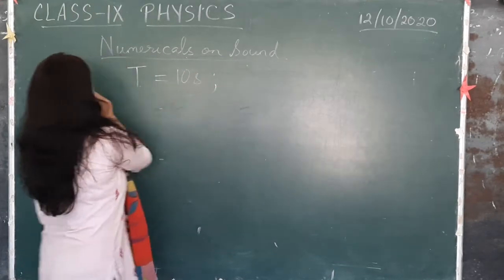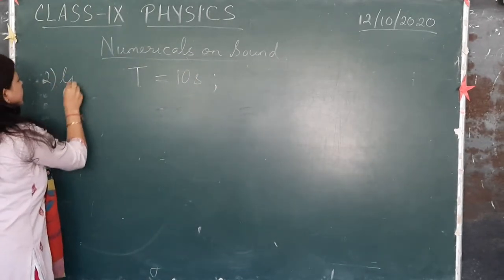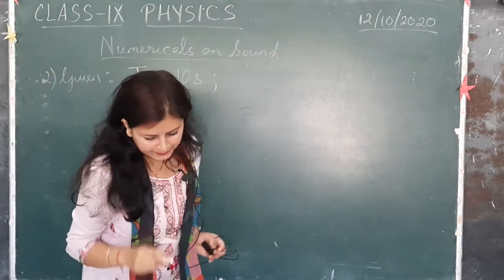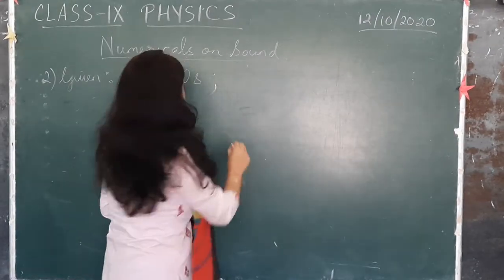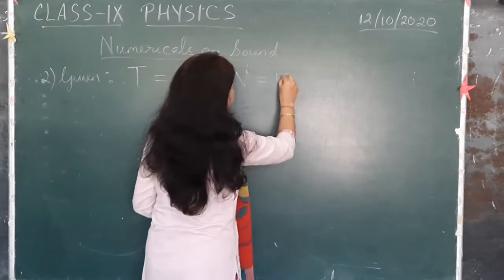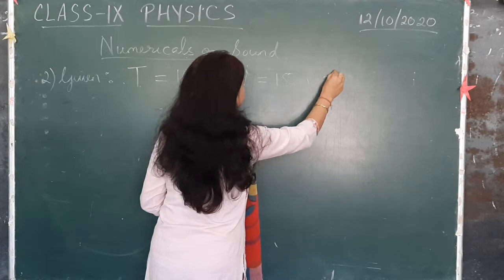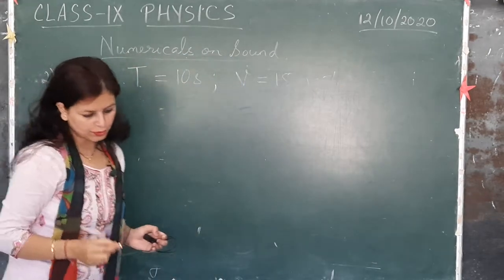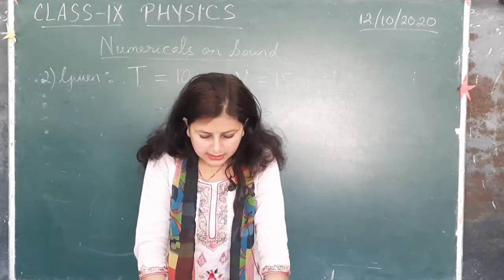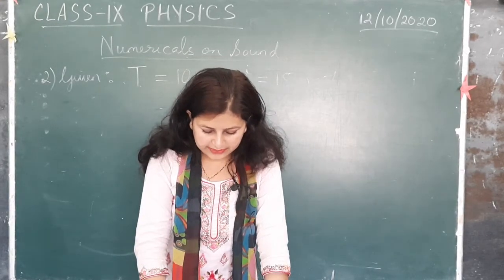This is number 2 and this is the given data to you. And velocity is equal to 15 meter per second. So these are the things given to you. You need to find the wavelength of these waves.